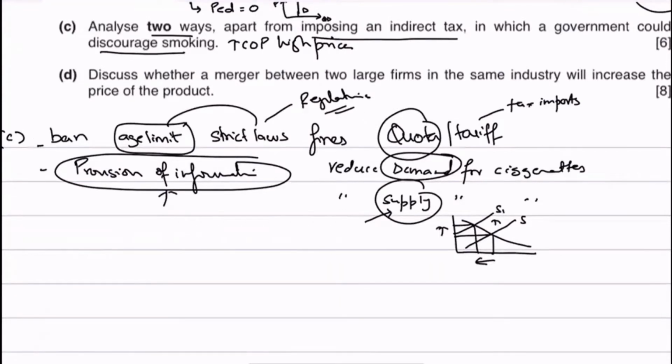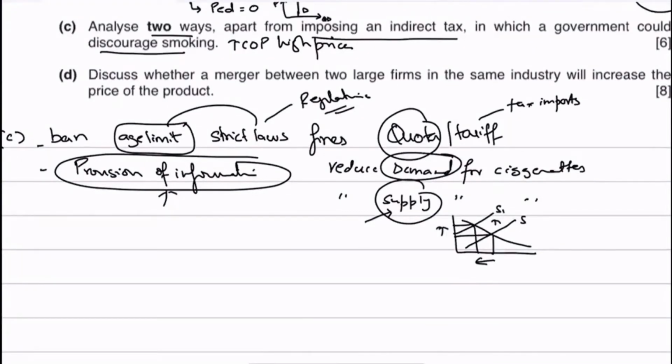Again, bans could be imposed, fines could be imposed, maybe banning public smoking in certain concerts or restaurants, or maybe near schools, right? So this is kind of an open-ended question. You could come up with your own ideas and mix them with the economic knowledge you have, and form a good answer.